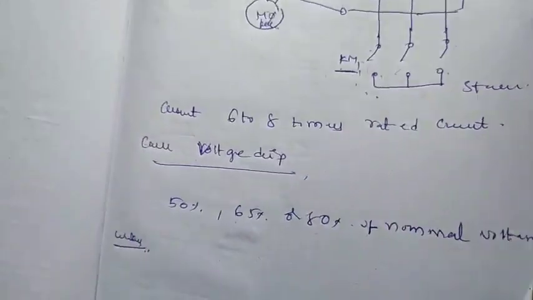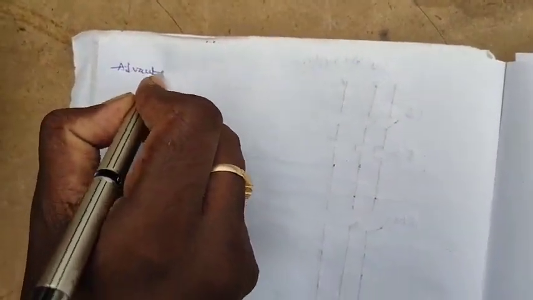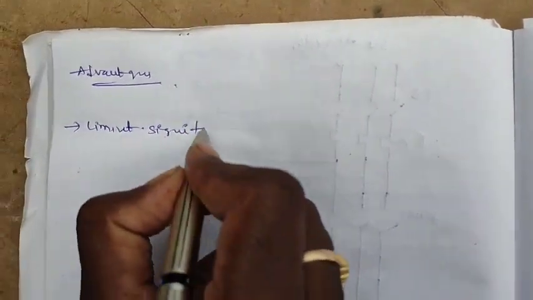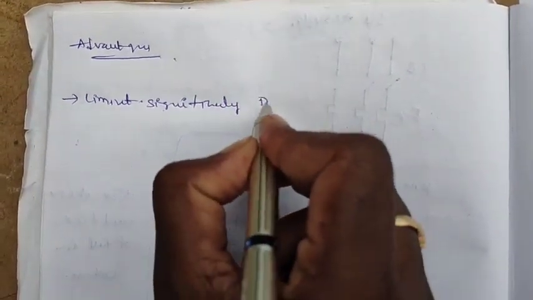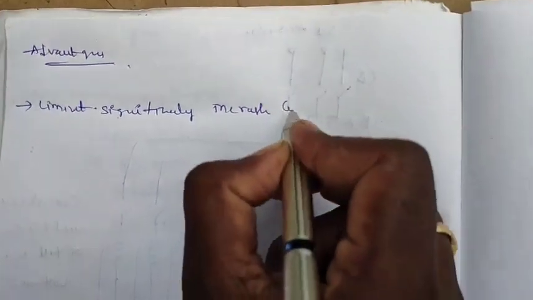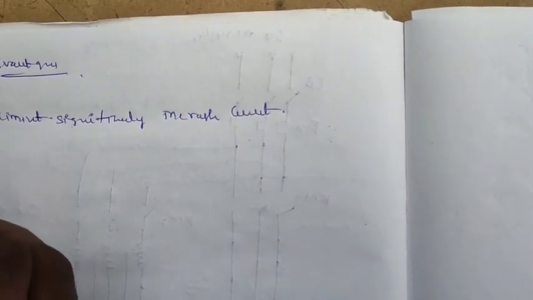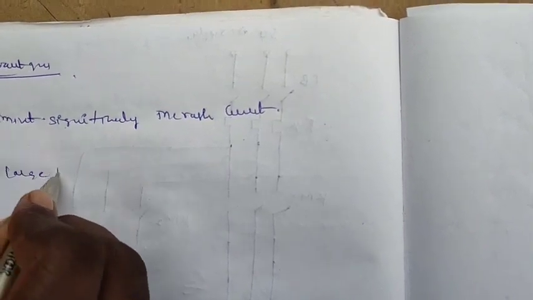Advantages of the auto transformer starter: it significantly limits inrush current. It can be used for large motors.